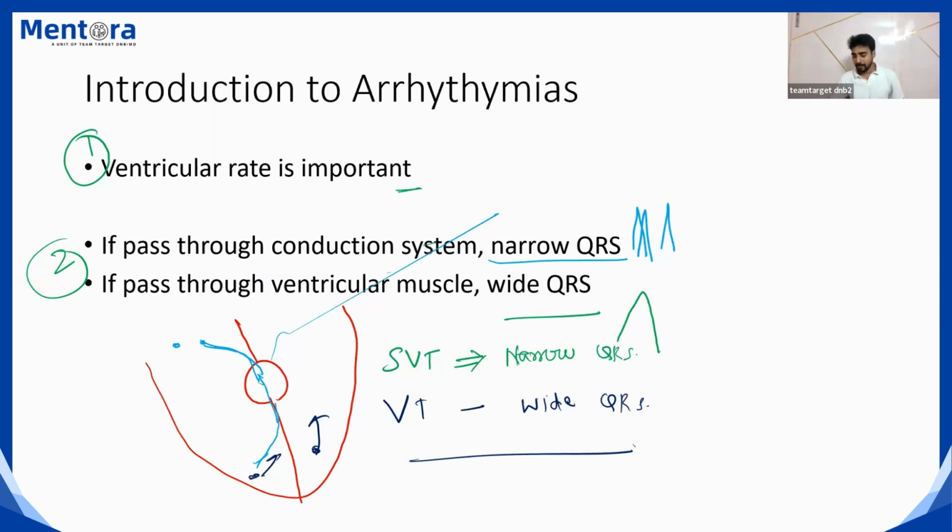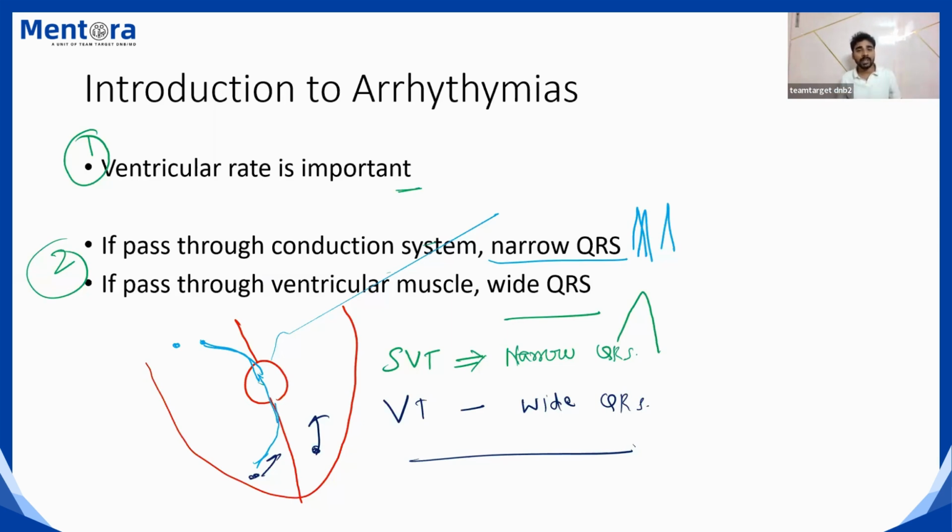See, what is an arrhythmia? Some ectopic focus is generated, from the atria or the ventricle. Anything generated in the right atrium, left atrium or appendage has to pass through the conduction system: the AV node, then the bundle of His, then the Purkinje fibers, and depolarize the ventricles. Your conduction system is specialized myocardial tissue with the fastest conduction, so the ventricle also depolarizes very fast and you will have a narrow QRS.